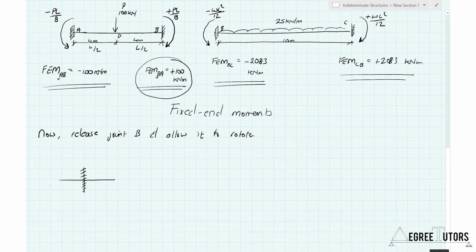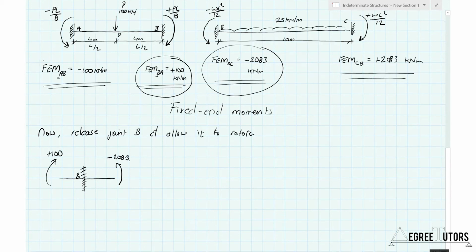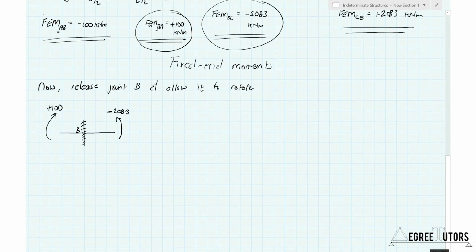So we've got a plus 100 at the joint. The moment on the opposite side, remember this is B, is this guy, which is going to be a minus 208.3. I've shown the minus here. That's not necessary if I've also shown the arrow, but just for demonstration, we'll leave it in.